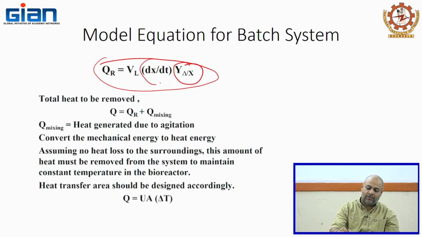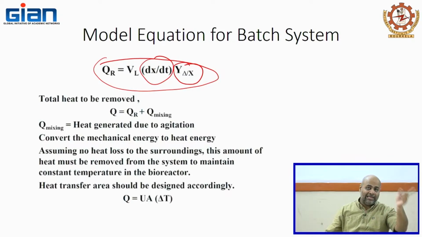So, I take that into account, the yield, and you will be able to estimate how much heat of combustion is coming out. If you know the heat of combustion and the biomass concentration, you can estimate the amount of heat coming out for that particular biomass in a given period of time.